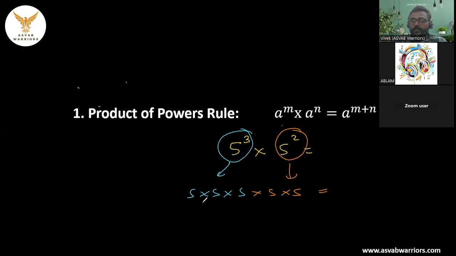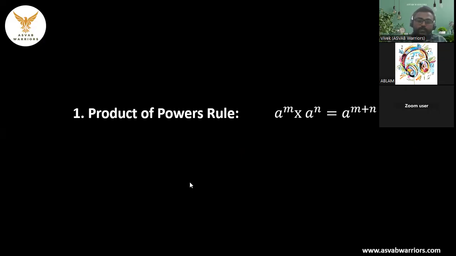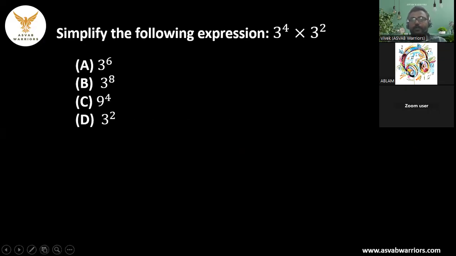So 5 is multiplied with itself 5 times. Without doing all this circus, we can just use this law: 5 to the power 3 plus 2, which is 5 to the power 5. This is how we have derived this law. You can write this down as the example, and we are going to move on to solve some questions based on this simple law.